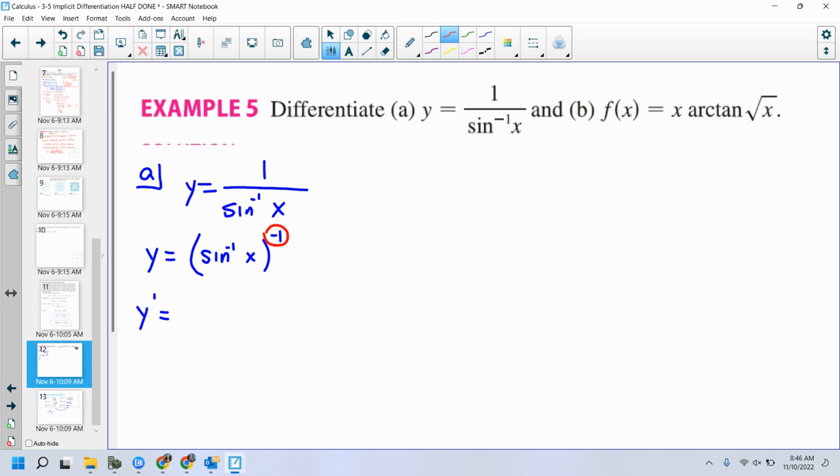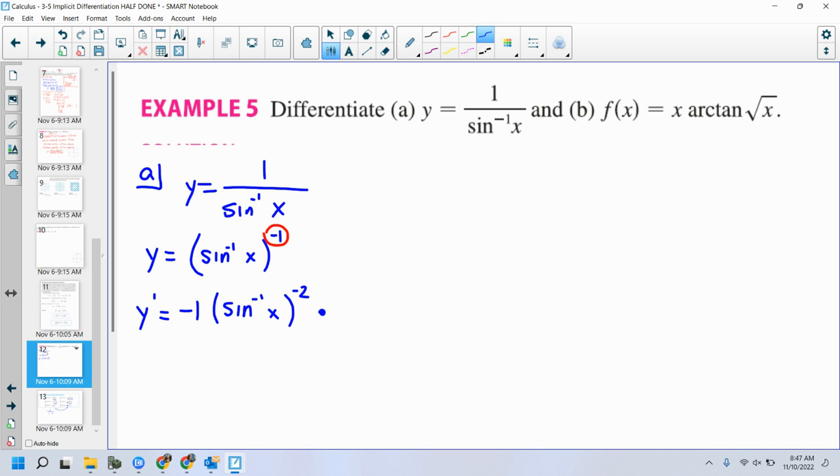So what I have to do here is take negative 1 times inverse sine of x to the negative second power, right? Leave it as is on the inside for the first part of the chain rule. And then I multiply it by the derivative of inverse sine.